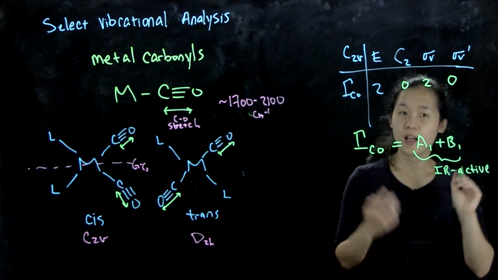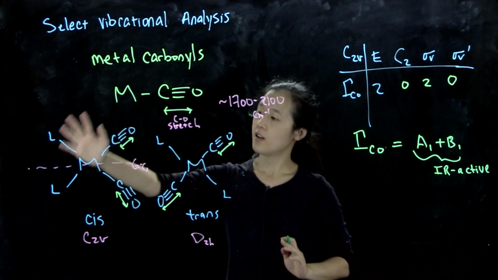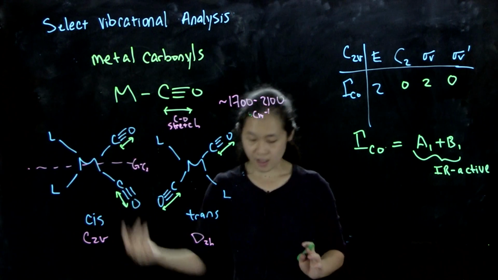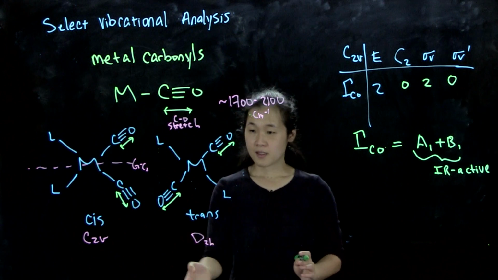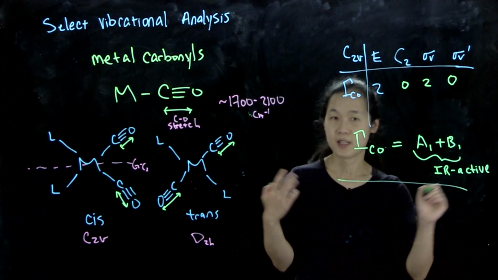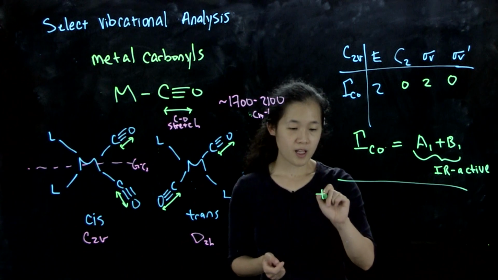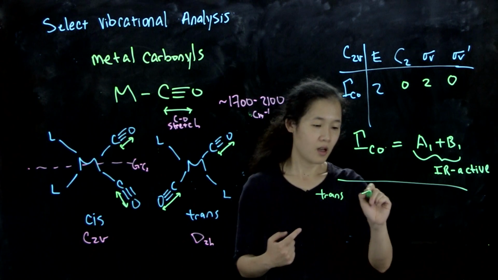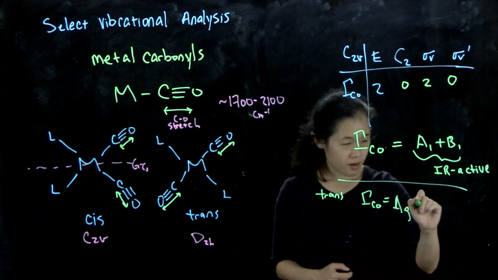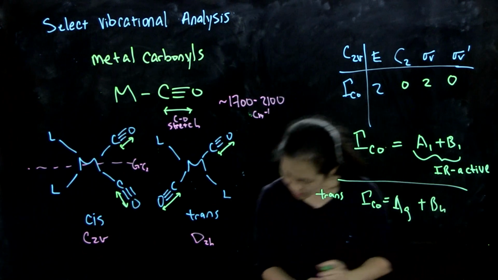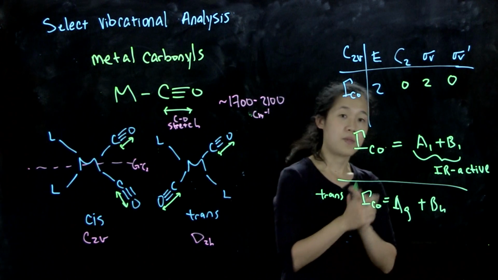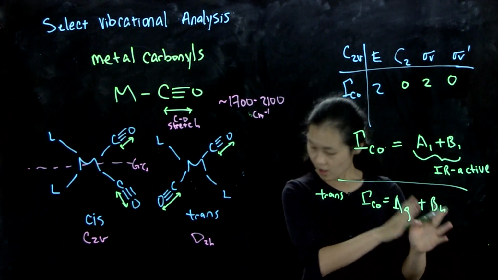So if you take the IR spectrum of this molecule, you expect to see two CO stretching bands in the spectrum. In comparison, for this D2H molecule, I'll let you go through it on your own with the D2H character table, but for the trans isomer, our gamma CO equals Ag plus B1u.